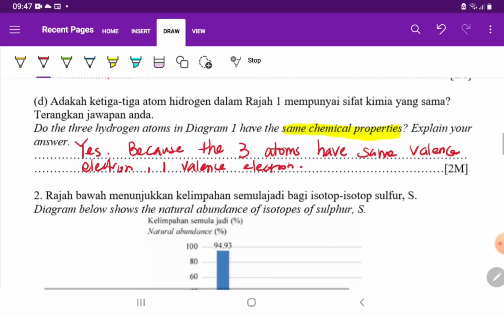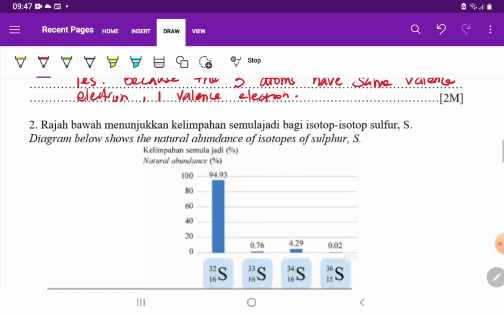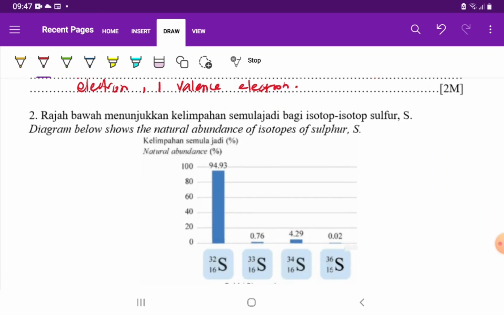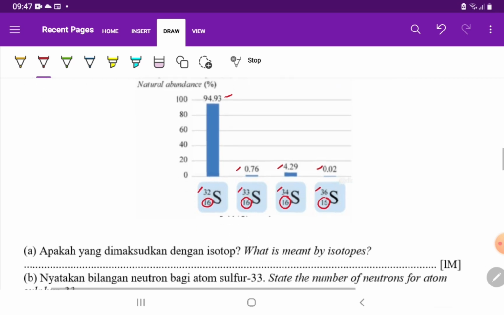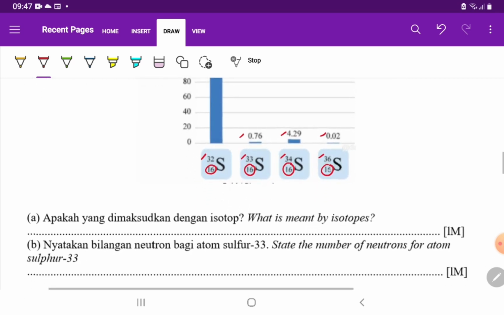Now the diagram shows the natural abundance for isotopes of sulfur. Sulfur has four isotopes here. All proton numbers are the same, but nucleon number is different, right? And then you can see the percentage. Part A is already answered here.